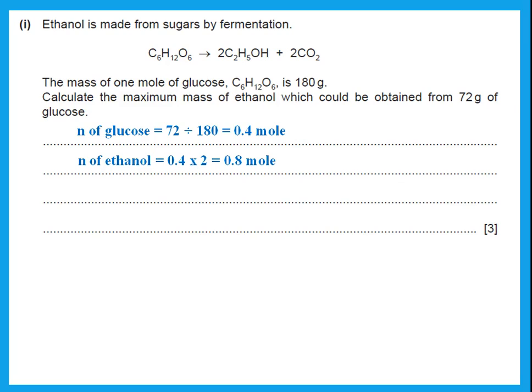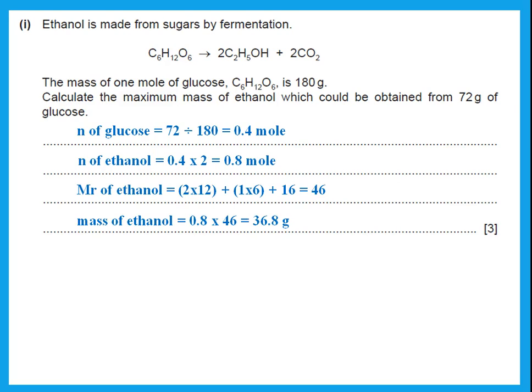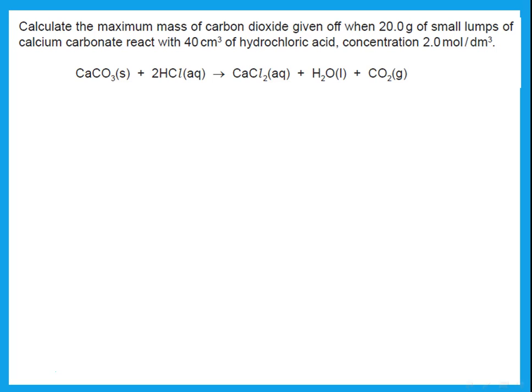So the number of moles of ethanol is 0.8. Now he wants what? He wants mass. How do we get mass? Mass is the number of moles times the MR. So we calculate the MR of the ethanol, and the mass is the number of moles times the MR. So that comes out to be 36.8 grams. Okay, I hope you were able to get this answer.